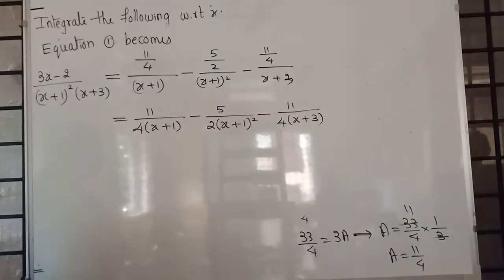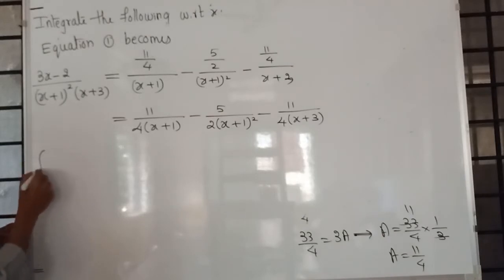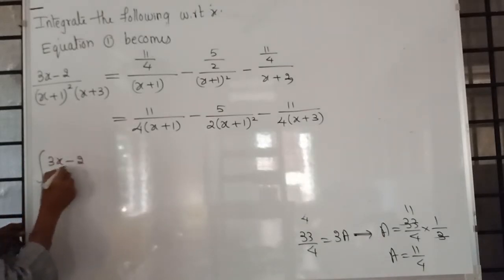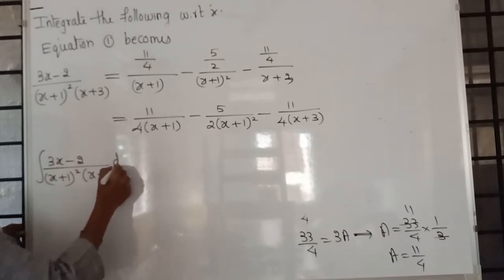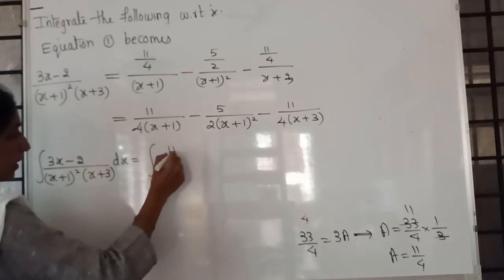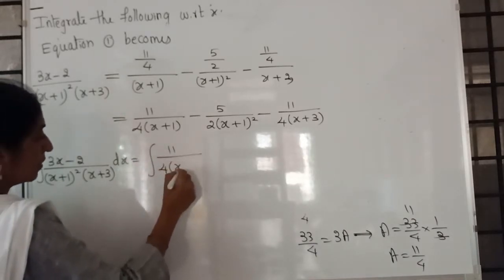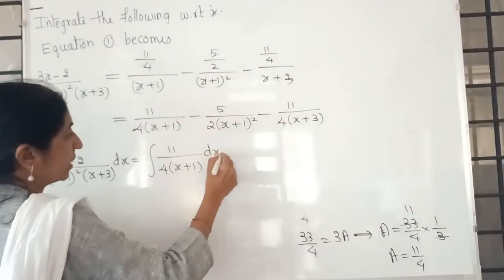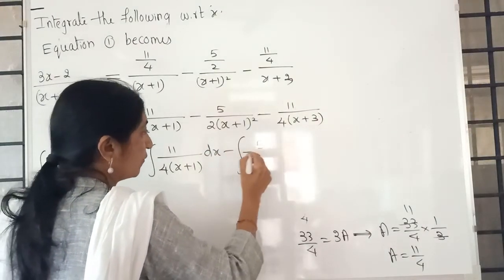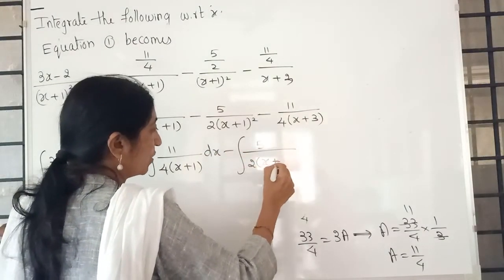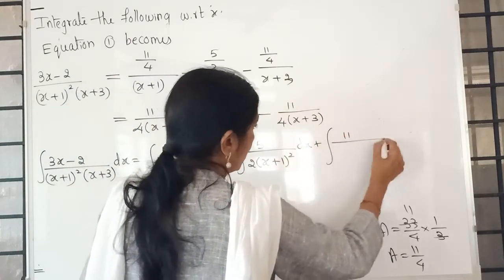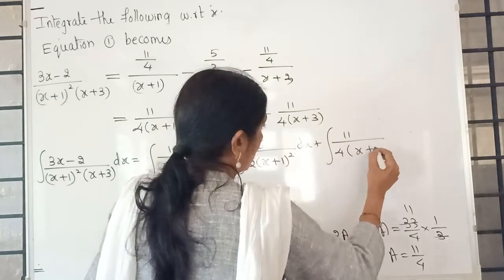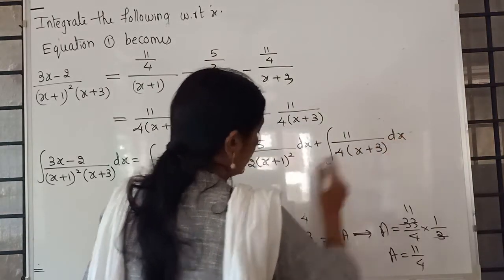Now integrate on both the sides. Integral of 3x minus 2 upon x plus 1 whole square into x plus 3 dx is equal to 11 upon 4 into 1 upon x plus 1 dx minus 5 upon 2 into 1 upon x plus 1 whole square plus 11 upon 4 into 1 upon x plus 3 dx.